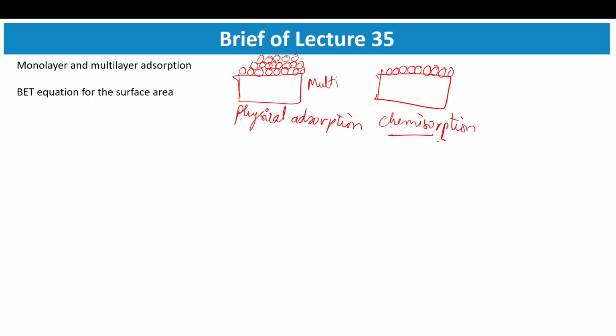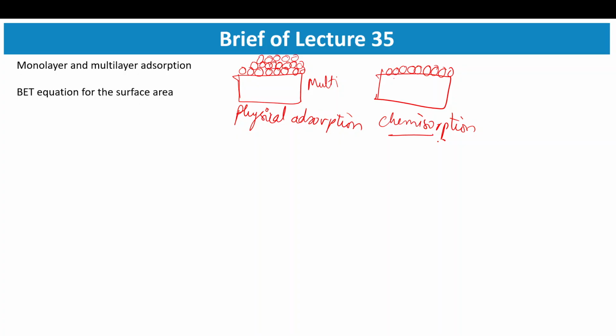Again, you have the BET equation for surface area, where BET is an isotherm, and isotherm is a terminology used for any process performed at constant temperature: iso means constant, thermo means temperature. BET helps you find the surface area by adsorbing gaseous molecules, usually nitrogen, on the adsorbent.